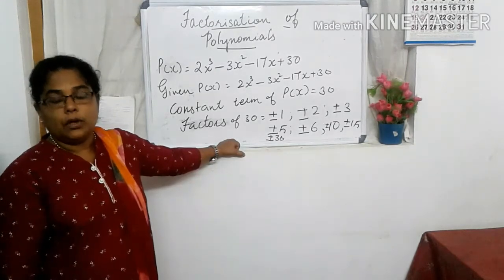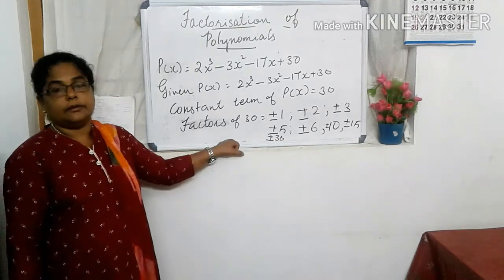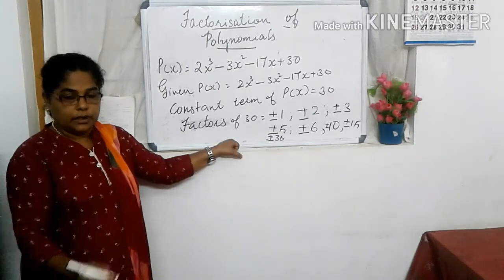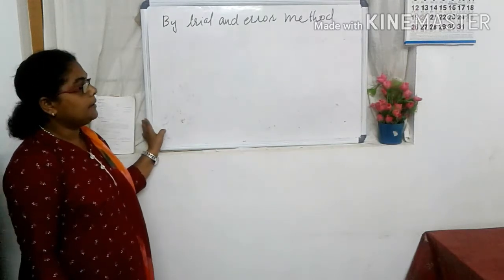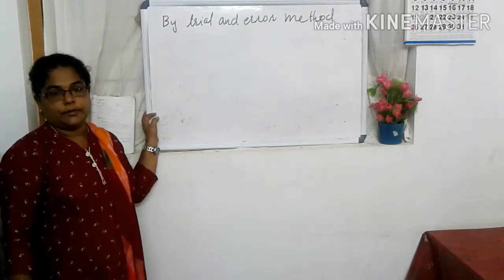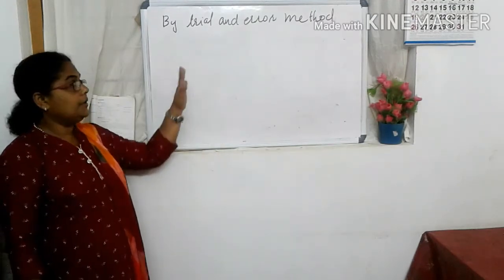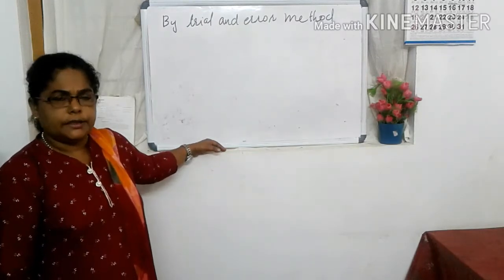We have to do long division, and if the remainder is 0, it is a factor. If the remainder is not 0, it is not a factor. Okay, let us check. Therefore, by the trial and error method, we should find g of x. Trial and error method means we try. If the remainder is 0, it is a factor.